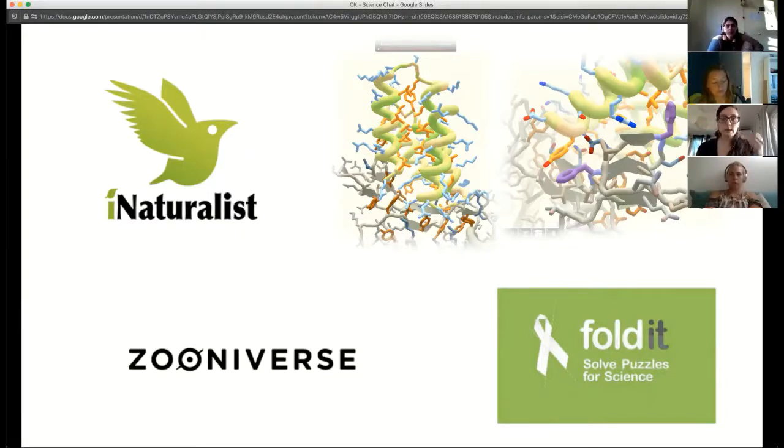So for example, these very nice drawings are a screenshot from Foldit. Foldit is a video game that guides people through a game of folding, finding the best configurations that satisfy a series of requirements. And these configurations are configurations of real proteins. So this one is from the coronavirus.